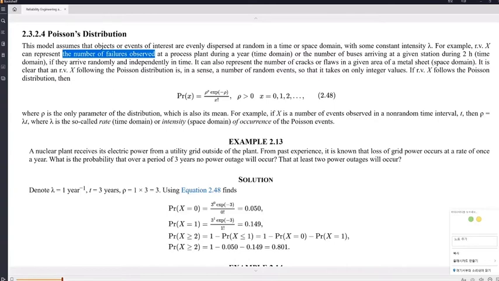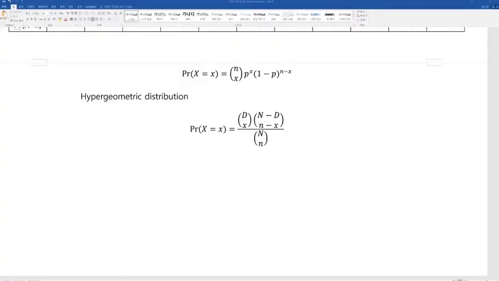In that case, x follows a Poisson distribution. Maybe another example: we are going to go back to our notebook, and then the next one is the Poisson distribution.